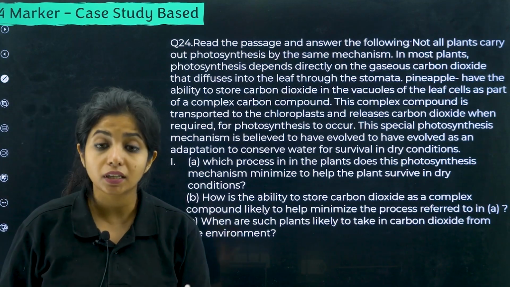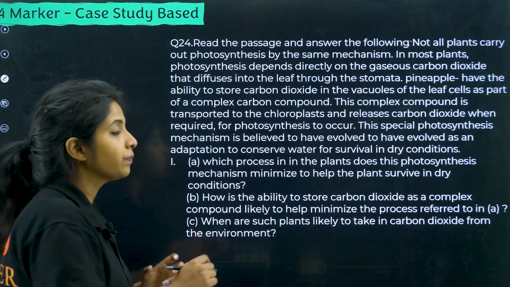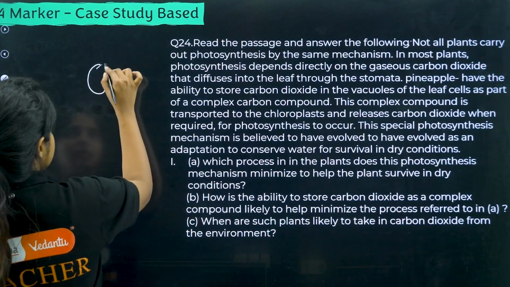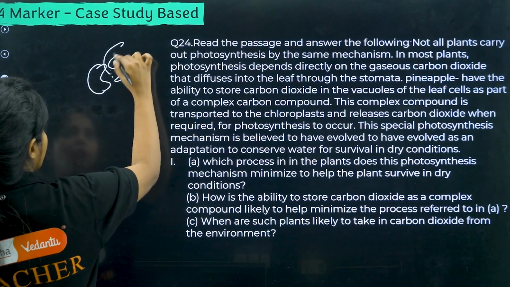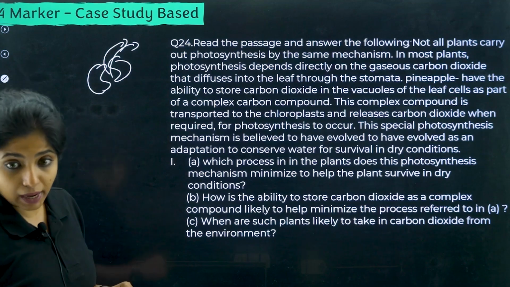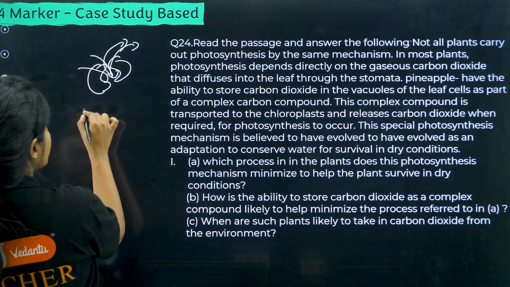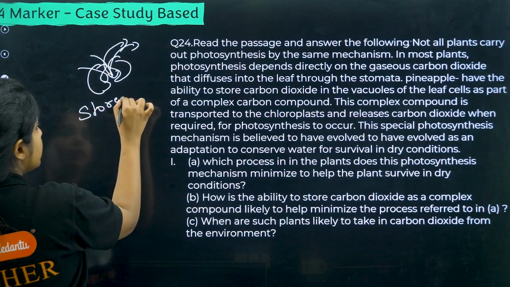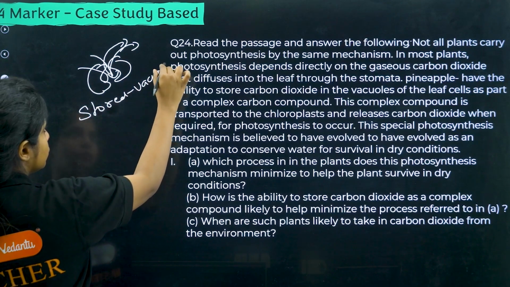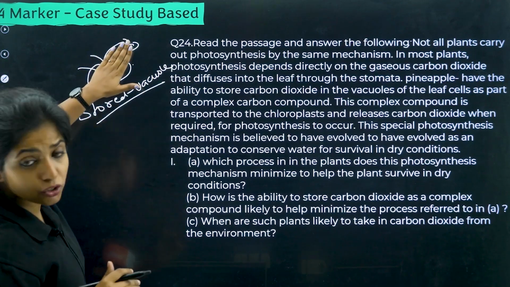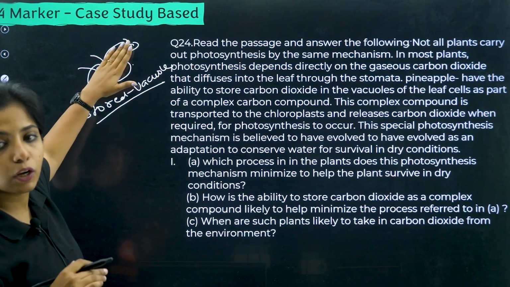So pineapple did this because it did not want to keep its stomata open and lose water. So when it opened the stomata, it took in all the carbon dioxide needed and stored it in what? It stored it in the vacuole. Why did it do that? So that it does not have to open it again and lose water.